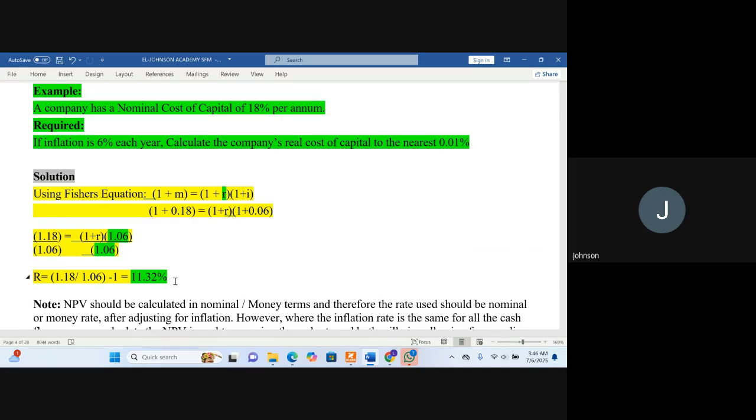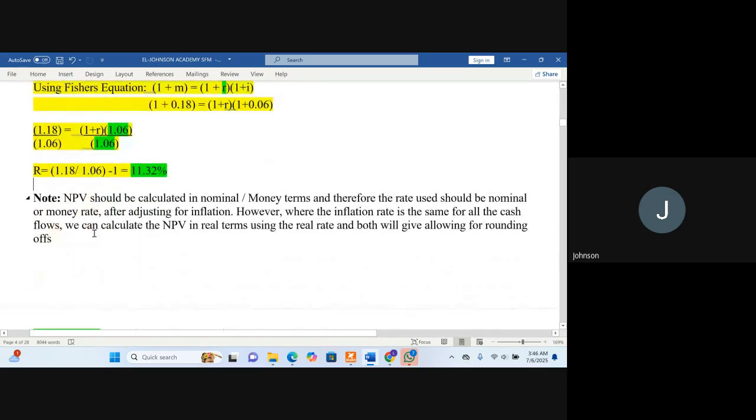So let's move on quickly. They now say that, note, NPV should be calculated in money or nominal terms, and therefore the rate used should be nominal or money rate after adjusting for inflation.